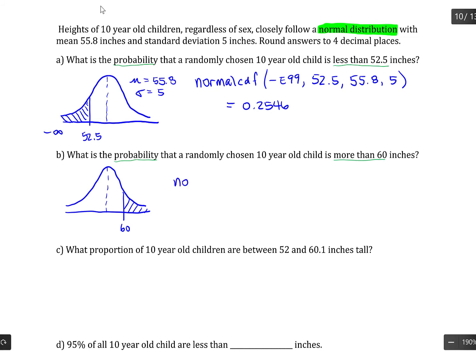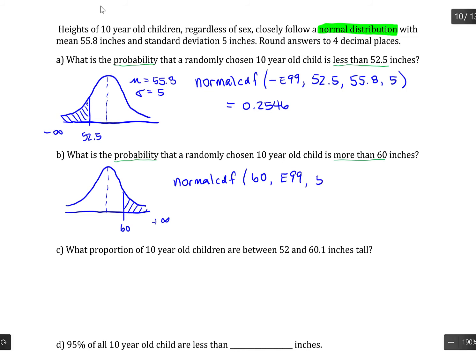So we will use normal CDF. And the only thing that will change are the first 2 boundaries. So the very first boundary of the shaded region is 60, that's my lower bound. And then positive infinity is the upper bound, but I will write that in as e to the 99th.